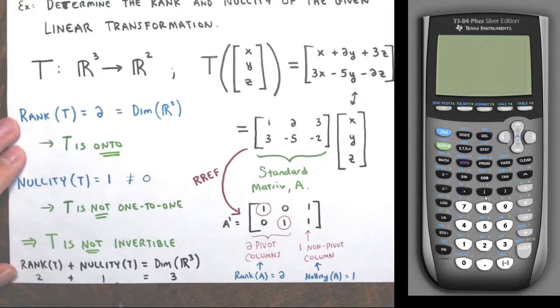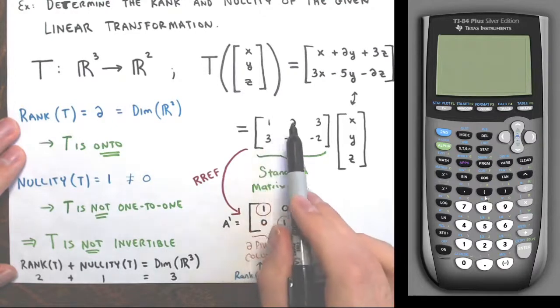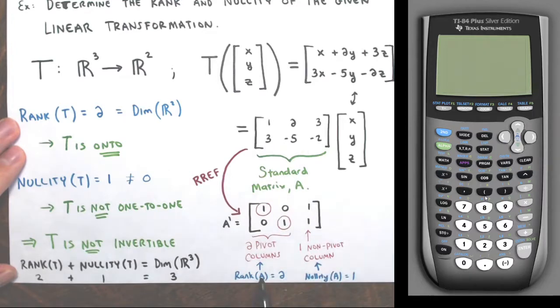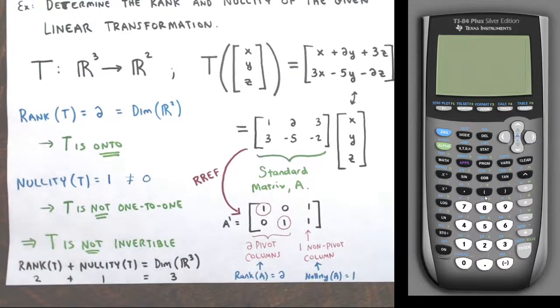And that's the same as the Rank-Nullity Theorem for a matrix. The rank plus the nullity should be equal to the number of columns. The number of columns of the standard matrix was 3. The rank plus the nullity is the same number, 2 plus 1 equals 3. So lots of stuff we can say just by simply finding a standard matrix that represents the transformation and putting it into an echelon form, counting pivot columns and non-pivot columns. You can say a lot.